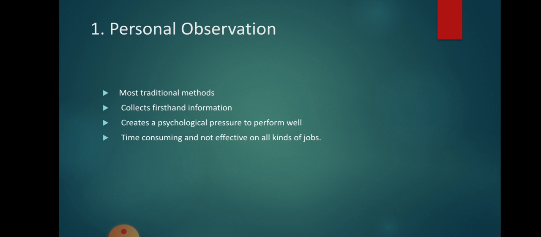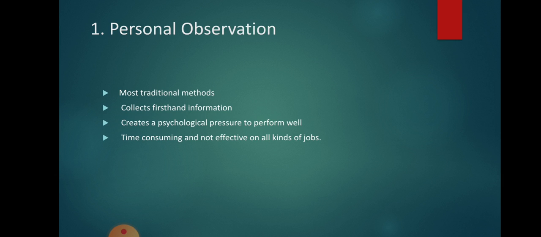Yes, then his time will be on observation only. It is time consuming and it is not effective on all kinds of jobs, right? All kinds of jobs cannot be personally observed.